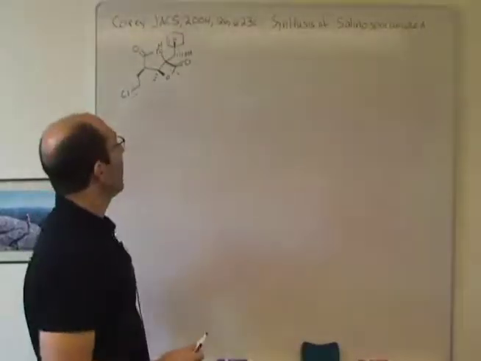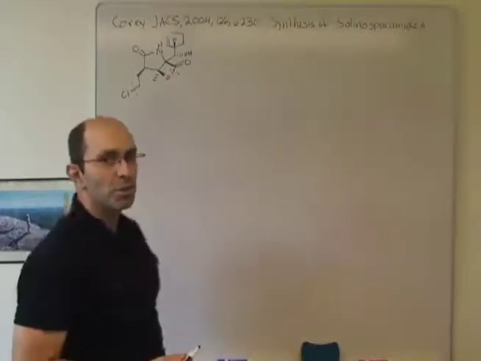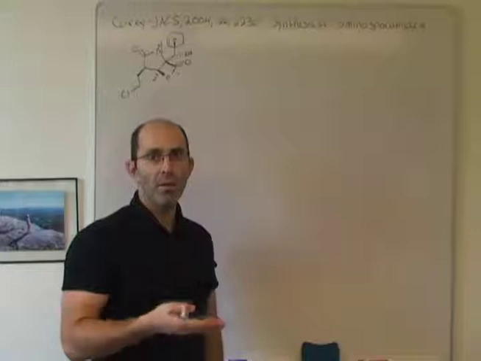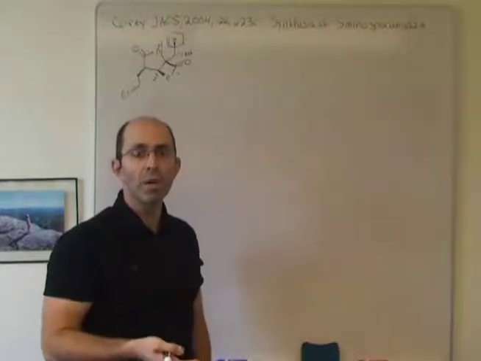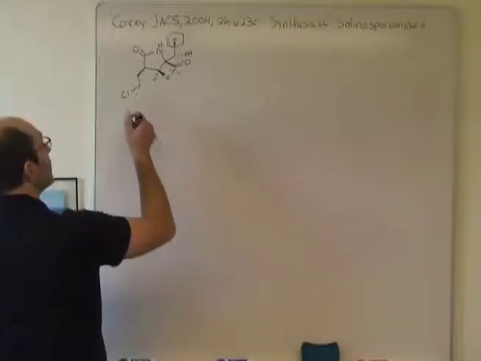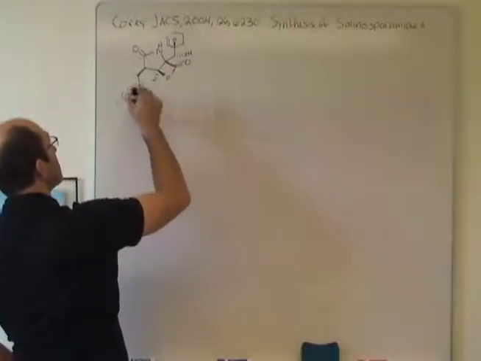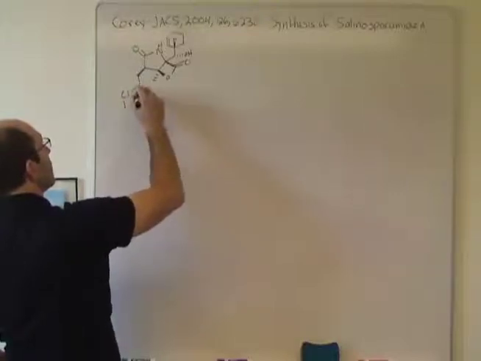So if we number out all the atoms in our target, right, it's really interesting to have those things numbered out and then look in the paper and say, where do all those atoms come from, right? So if we start numbering this, and it doesn't really matter how you number this, just pick a place to start.